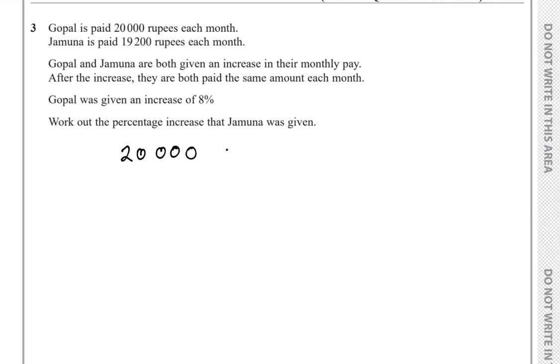You can either multiply by 0.08, that gives you 8% straight away, or you can divide by 100 to get 1%, and times by 8 to get 8%. So if we do that, 20,000 divided by 100 to get 1%, times by 8 to get 8% is 1,600.